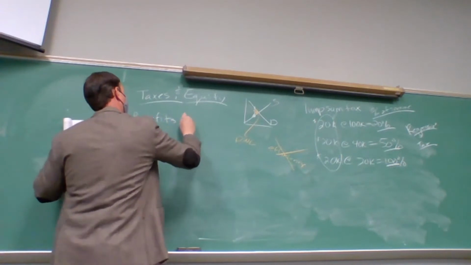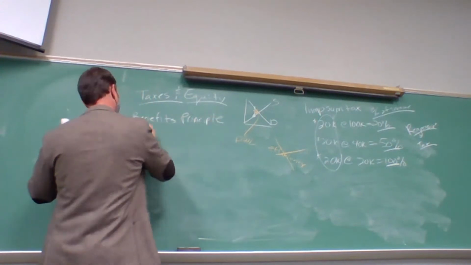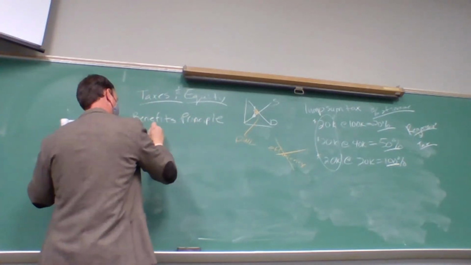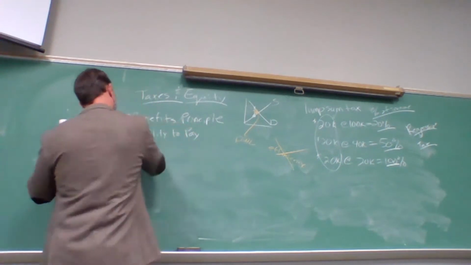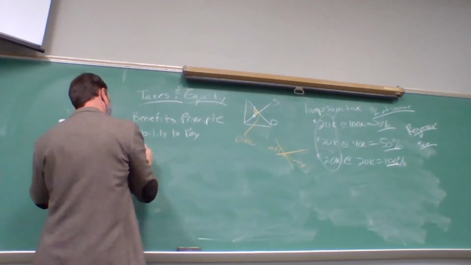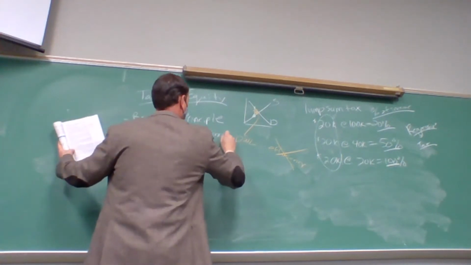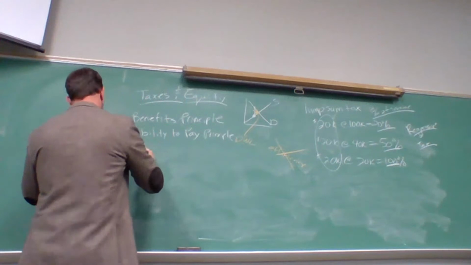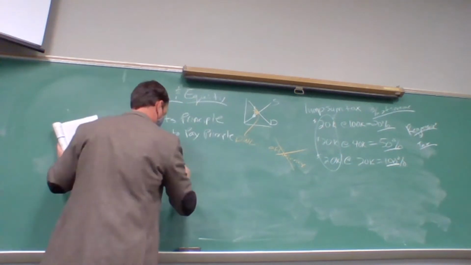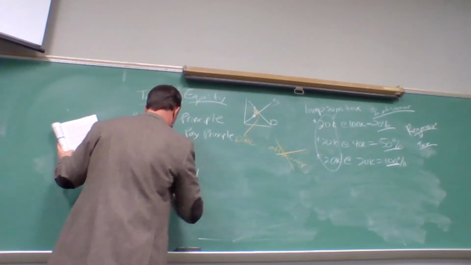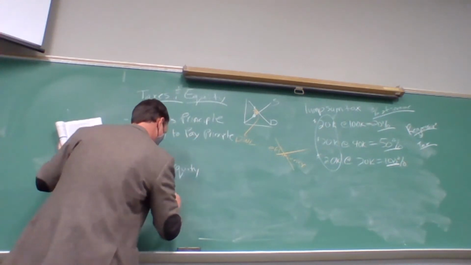We use a couple things. The benefits principle and the ability to pay principle. And then we look at issues, so the principles we use. And then we've got to look at vertical equity versus horizontal equity.